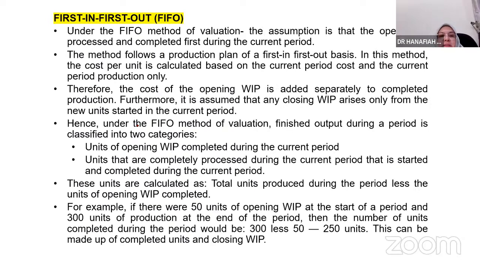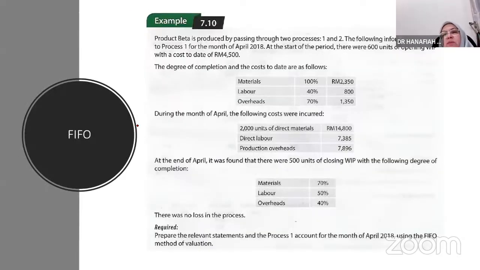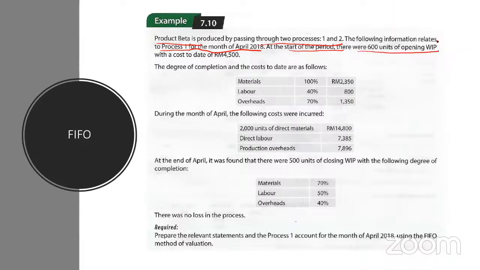Let us straight away look at example 7.10, which is more interesting. We can see here product Beta going through two processes. We have process 1, and then we transfer to process 2. This information is related to process 1 for the month of April. At the start of the period, there were 600 units of opening work in progress with a cost of 4,500.